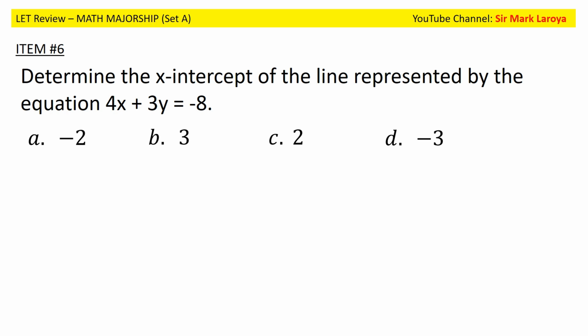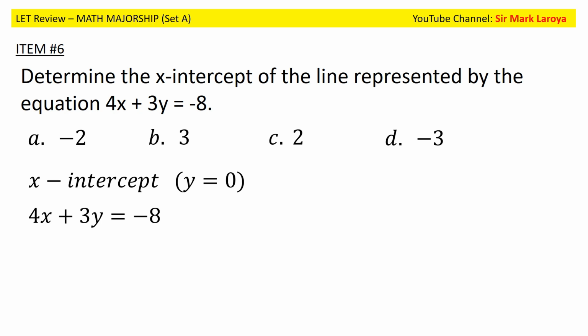For this type of equation, ito ay linear equation, para malaman natin kung ano ang x-intercept ng ating line, ang gagawin lang natin, i-equate lang natin or gawin nating 0 yung value ng y. And that is now your x-intercept. Ibig sabihin yun yung point along x-axis na tatama yung line represented by our equation.